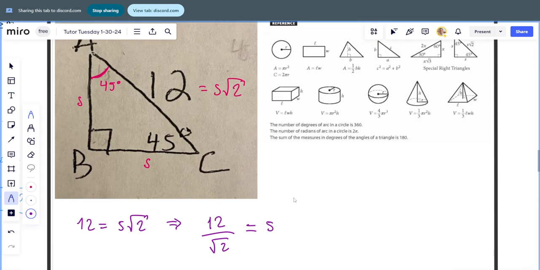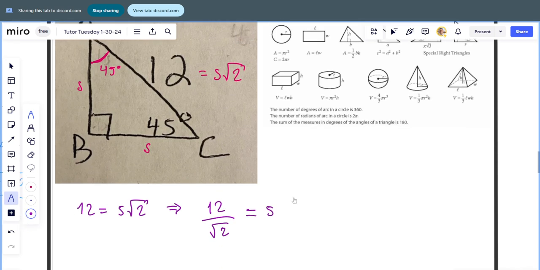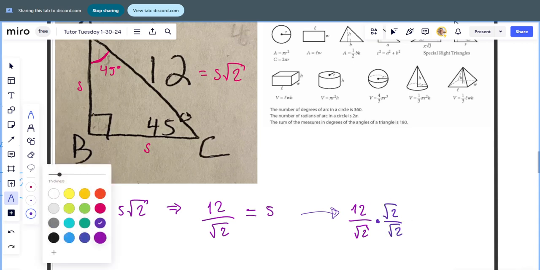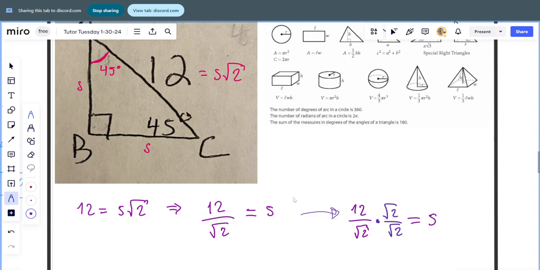You might want to then rationalize this answer, in which case you multiply the top and bottom by square root of 2, so it'd be something like times root 2 over root 2. Because multiplying by root 2 over root 2 is the same thing as multiplying by 1.